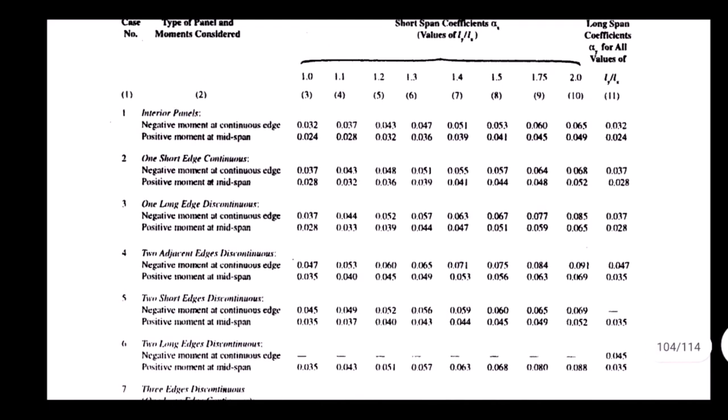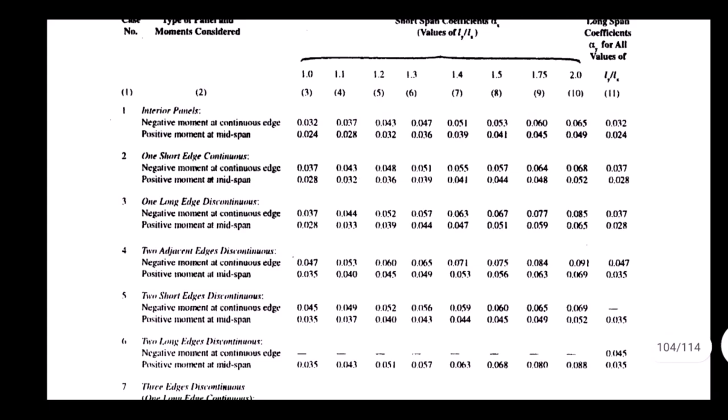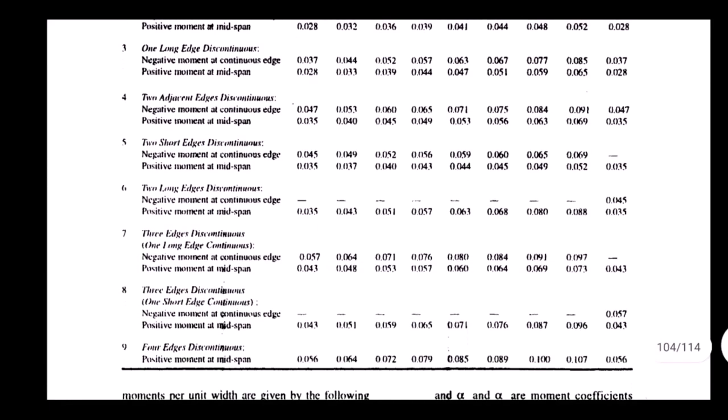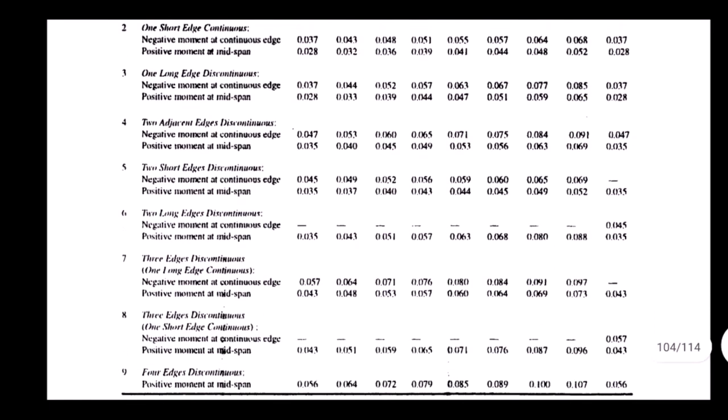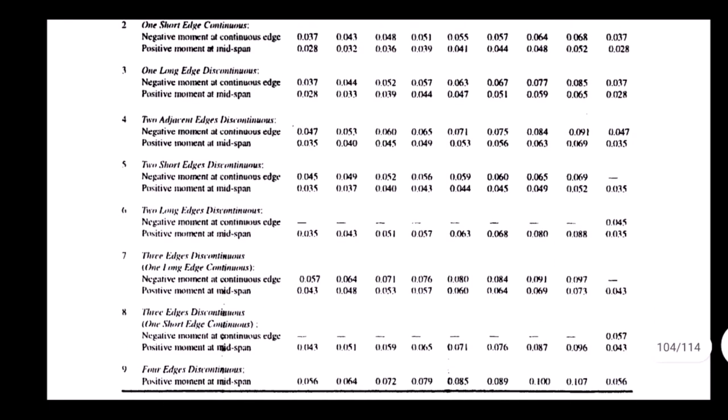If no condition is given in the question, we have to consider any condition among these 9 conditions. Generally, if the support condition is not given in the question, we consider number 9, four edges discontinuous.